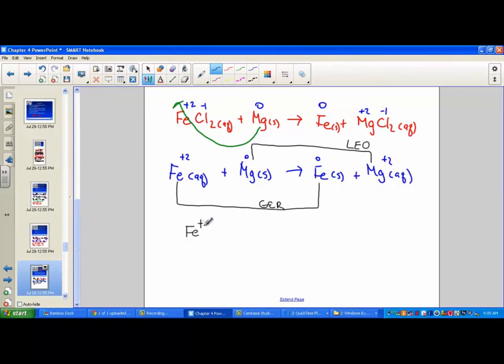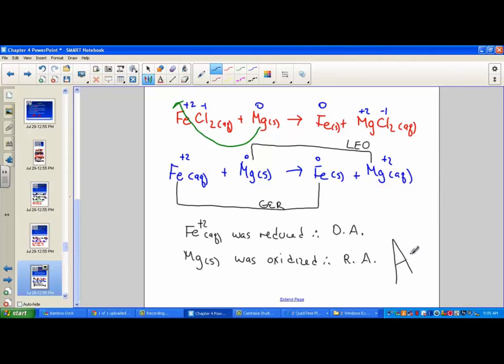The aqueous ion of iron was reduced, and therefore we know it is called the oxidizing agent. Metallic magnesium, the elemental form of magnesium, was oxidized, and therefore it is called the reducing agent. If you had that perfect, put yourself an A++ on your notepad paper. It just feels good.